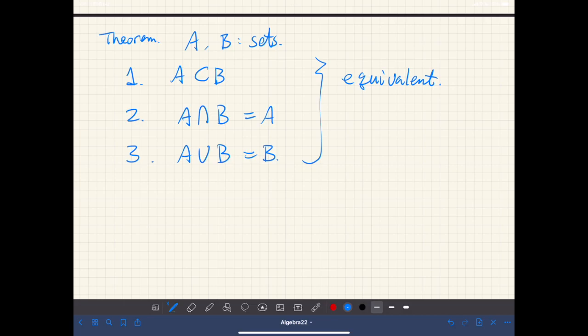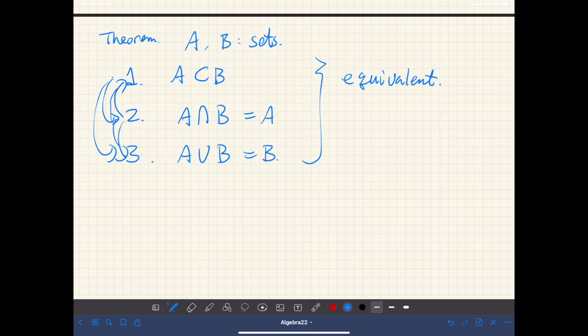What this means is that if 1 holds, then 2 and 3 are also true, and vice versa. If 2 is true, then the other two statements are true, and if 3 is true, then the other two statements are true.